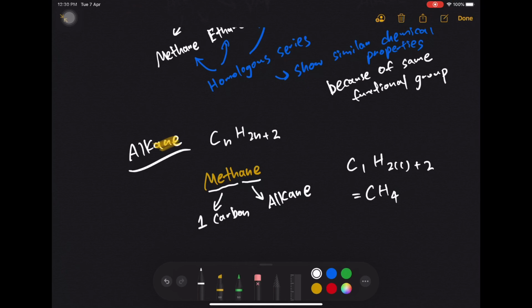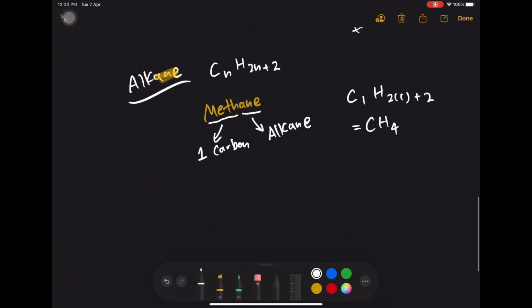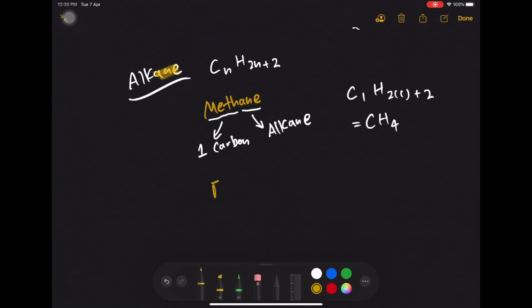I'm going to show you ethene. So let's say for example now I have my ethene. I'm going to break it down into two, so you can see that this is my alkene family. And by the way, for alkene, the general formula is CnH2n. I'm going to show you how we're going to do this.